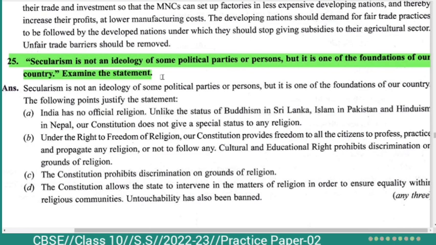Cultural and educational right prohibits discrimination on the grounds of religion. Next point. The constitution prohibits discrimination on grounds of religion. Next point. The constitution allows the state to intervene in the matters of religion in order to ensure equality within religious communities. Untouchability has also been banned.